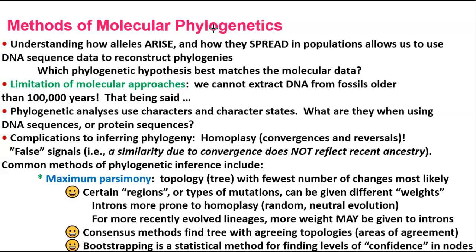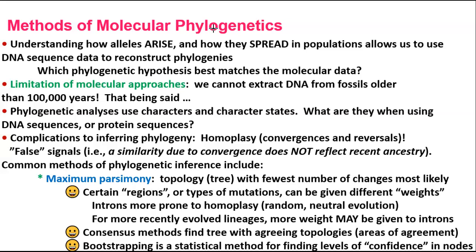But if we're looking at more recently evolved lineages, say species that have recently come about, or populations, then introns would be a more appropriate data source because exons are changing too quickly. So we can weight these kinds of things in a maximum parsimony analysis.